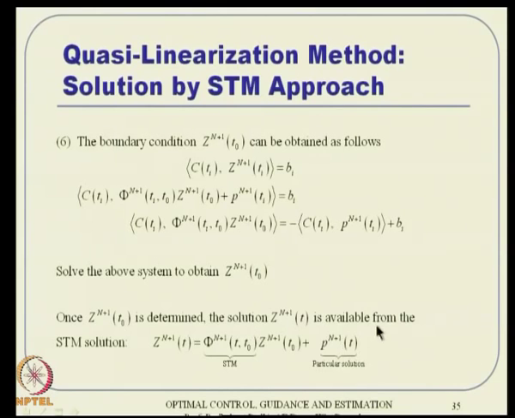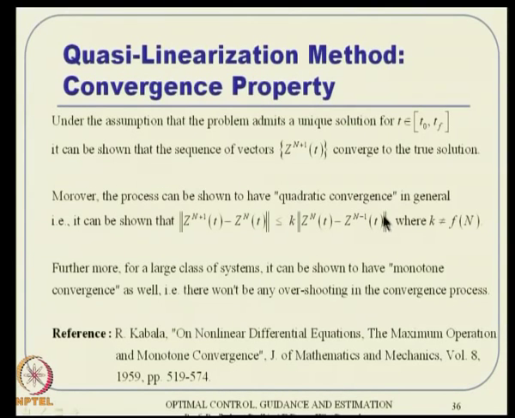Alright. So, this is the summary of this quasi-linearization method. Now, this method is good under certain assumptions which are not that harsh. It can be shown that the sequence you are getting does converge to the true solution, and not only does it converge, but it also has the quadratic convergence property.